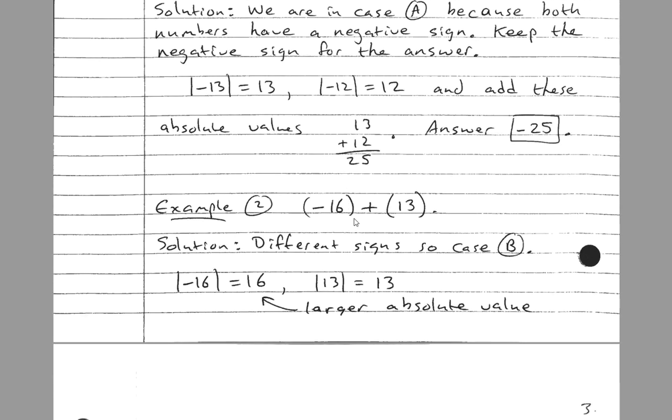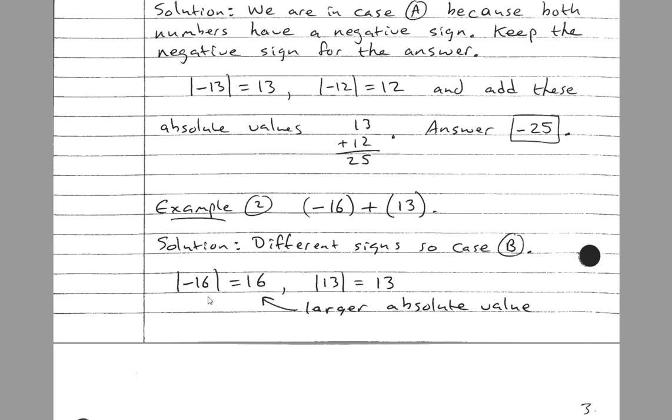Example 2. Here we have two numbers with different signs, so we're in case B. We have to work out the absolute values, 16 and 13, those are the positive parts. Right away we can see the negative number has the larger absolute value, so the whole answer is going to be negative.